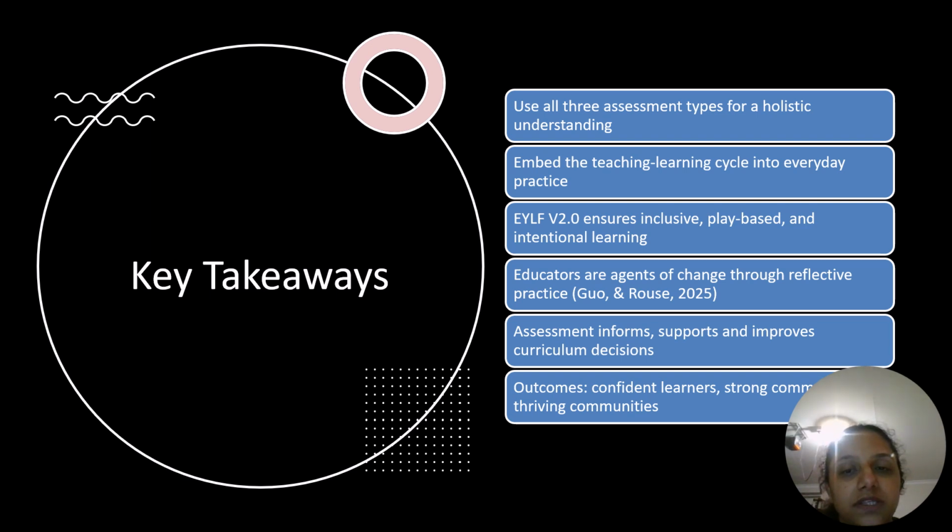Integrating teacher standards ensures we uphold ethical and professional expectations. Ultimately, these practices promote confident, capable learners who feel a strong sense of belonging, wellbeing, and agency in their learning environments. The outcomes provide strong, confident learners and strong, thriving communities.